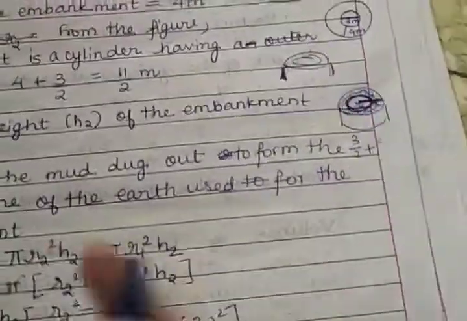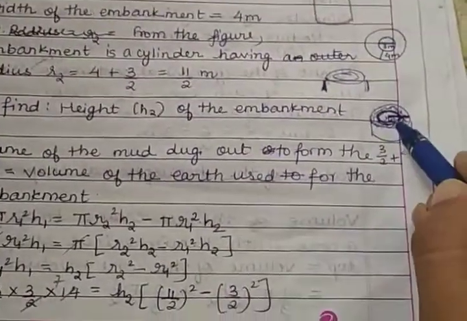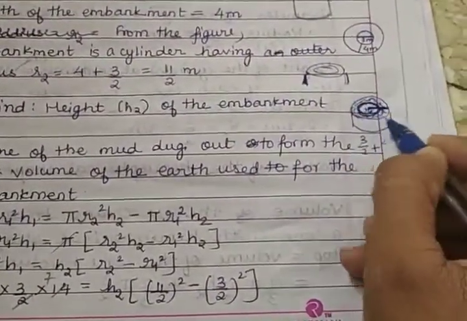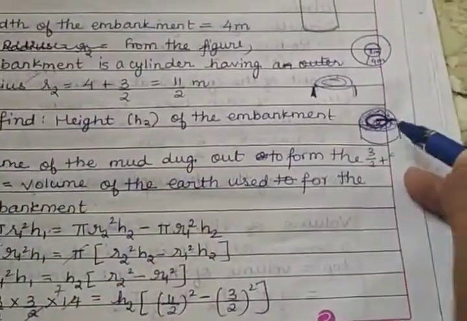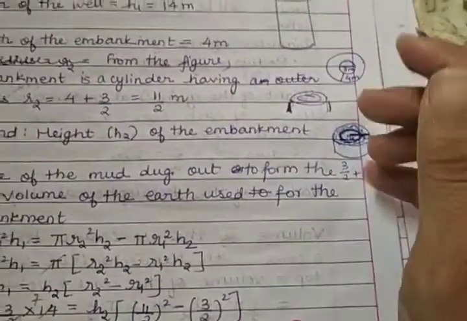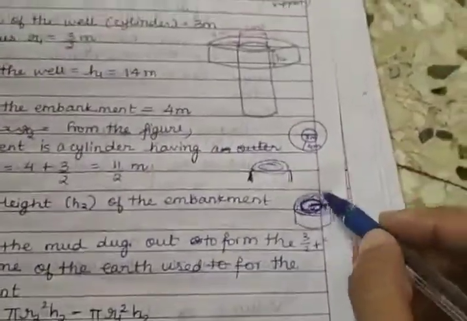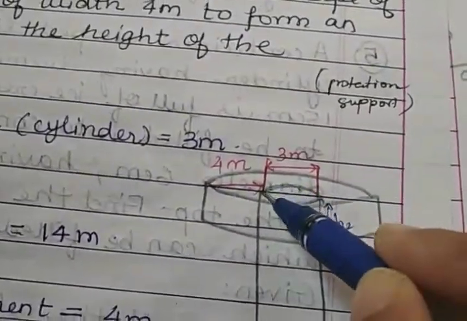That is how we get 11/2. So the volume of the earth used for the embankment will be the volume of this cylinder, pi R2 square, height H2, minus the volume of this inner part.